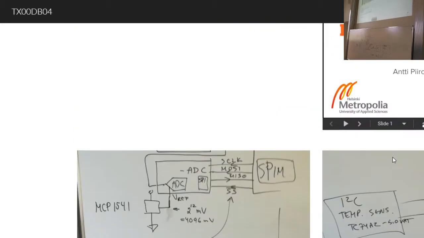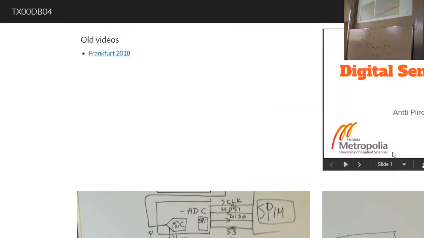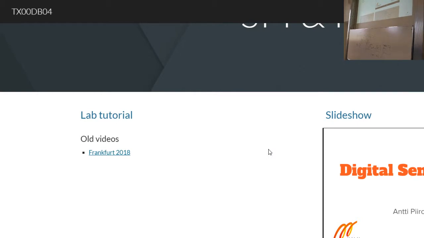Okay, good. So any questions about these exercises 4 or 5? I have given you basically the most important hints, I think. Yes.